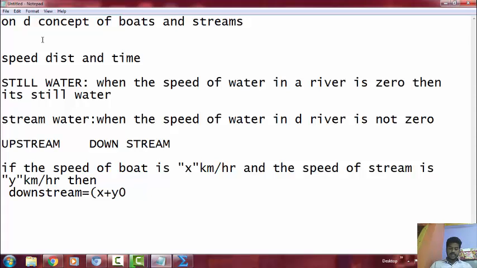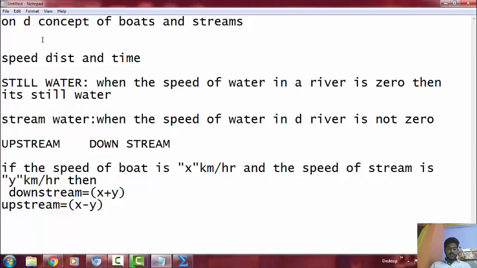Then upstream is equal to x minus y. This sounds similar to the concepts of relative speed which we have discussed in the previous video.